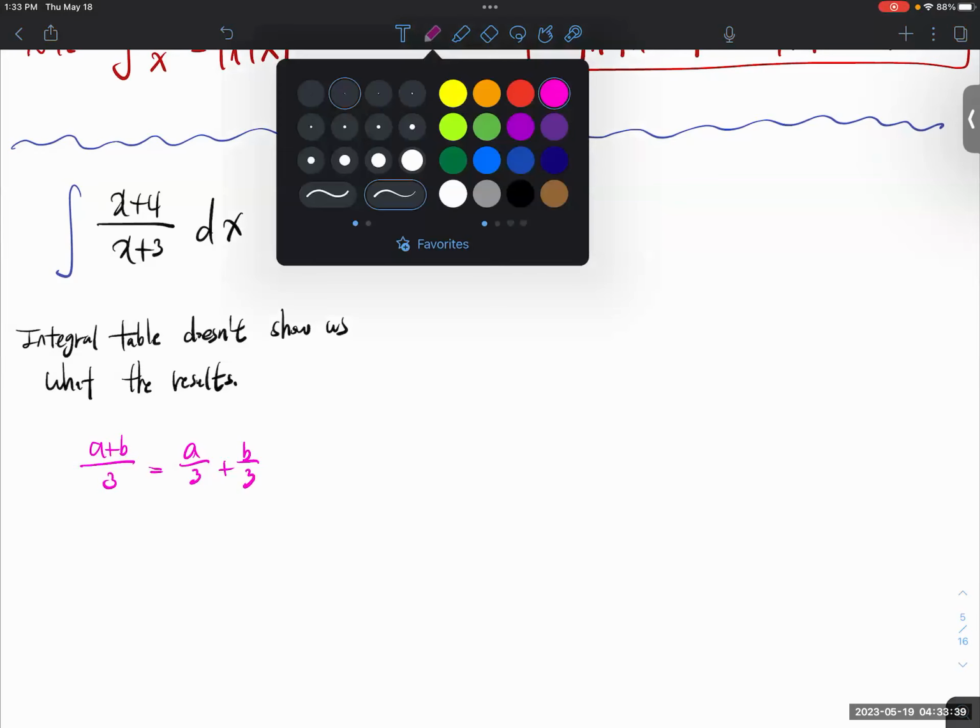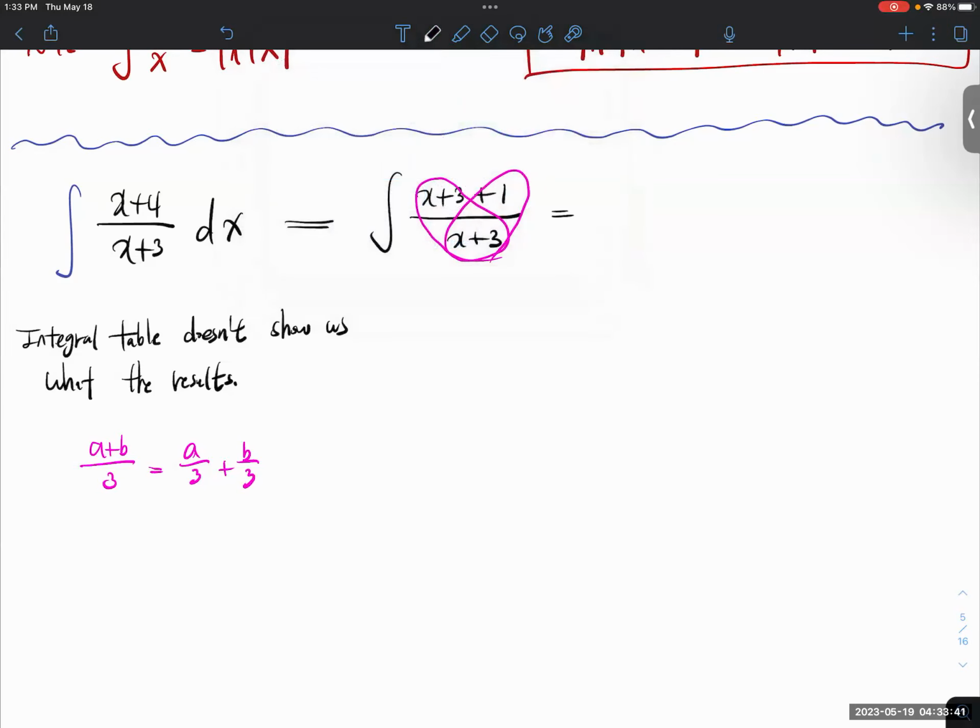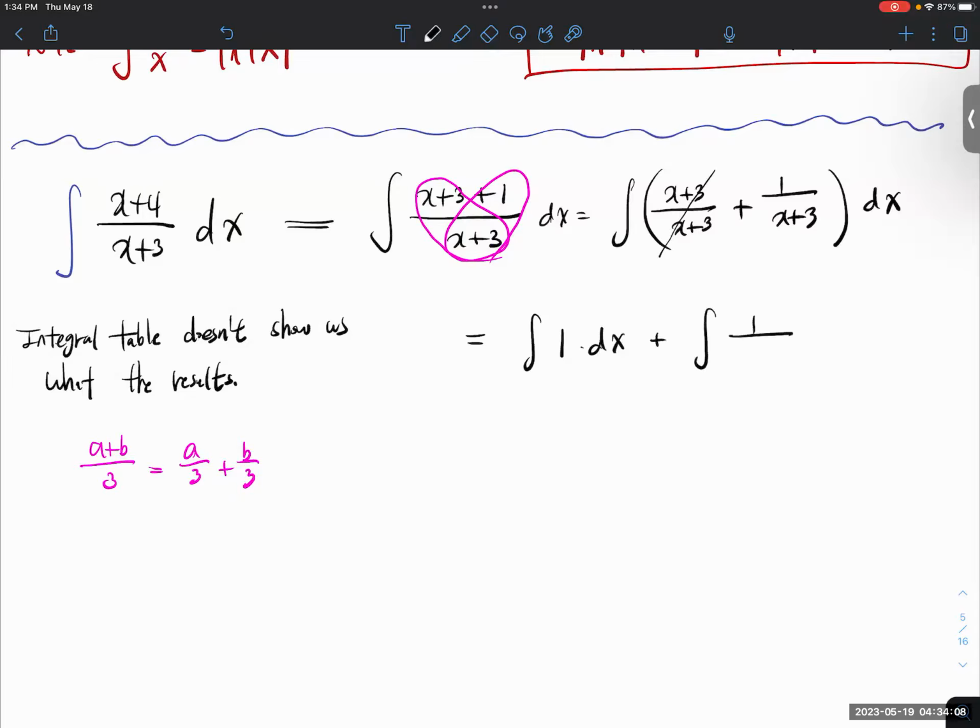So therefore, this is going to be the same as the integral of x plus 3 over x plus 3 dx plus, I'm going to just separate it, 1 over x plus 3. We can separate it. That means the first cancels to 1, and then dx plus the integral of 1 over x plus 3 dx.